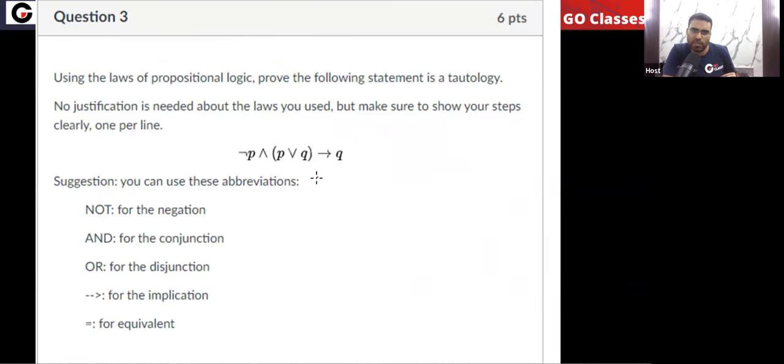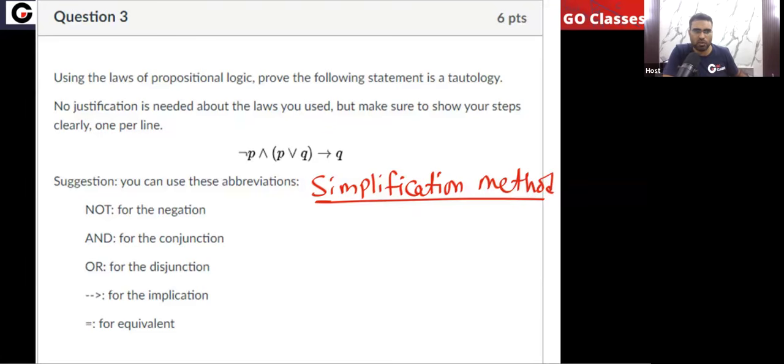Let me apply the simplification method. We are going to apply the logical laws that we have seen. Just apply this rule: alpha implies beta is the same as alpha bar or beta. What is our equation h?